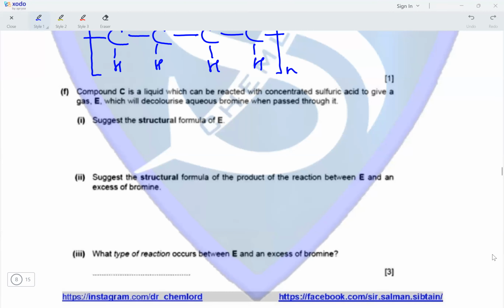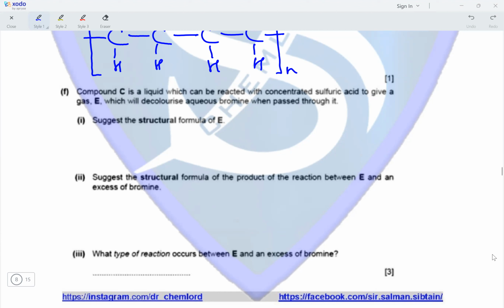So this is basically dehydration. So upon dehydration, we've got an OH group on the central two carbon atoms and the terminal carbon atoms having three hydrogen atoms. So this will form a compound with two double bonds in it.